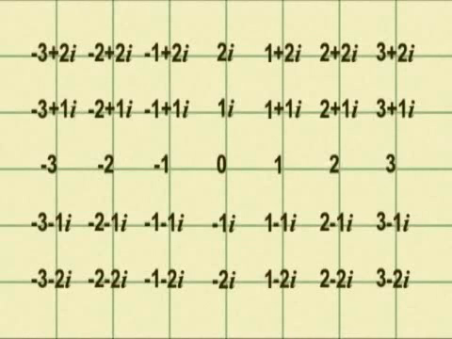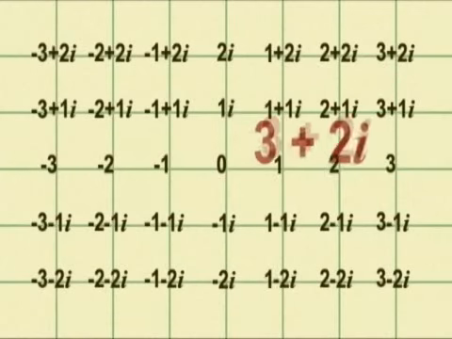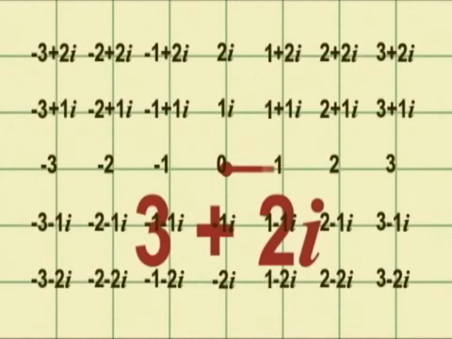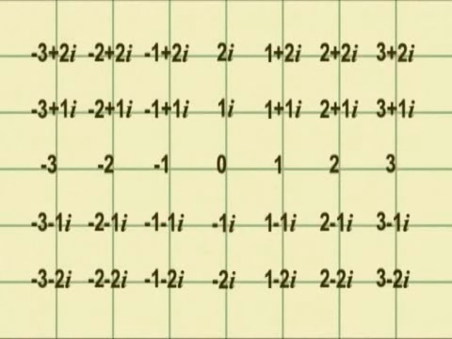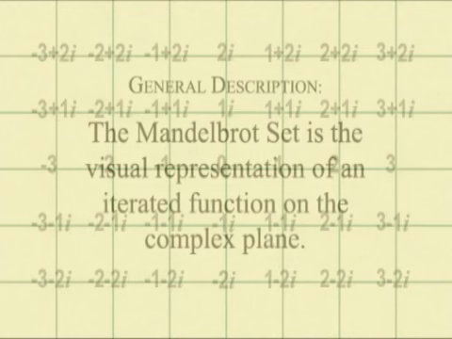To find the exact position of any complex number on the plane, all you have to do is locate the intersection of the real component and the imaginary one. For the complex number 3 plus 2i, move over 3 units to the right and up 2 units. Hard to believe, but the complex plane is that simple. At this point, it should make a lot more sense to hear this description a second time.